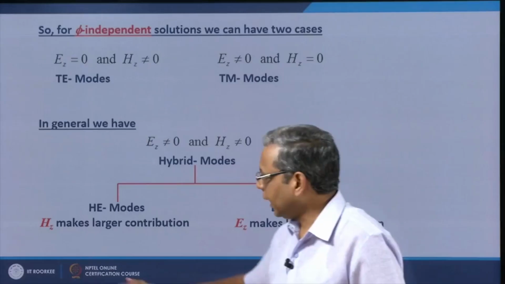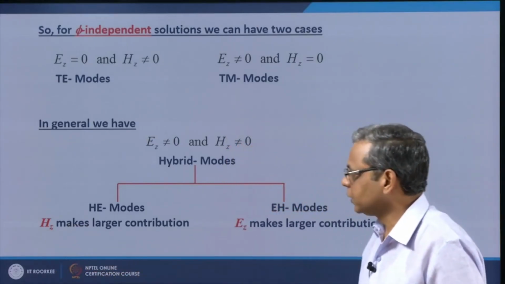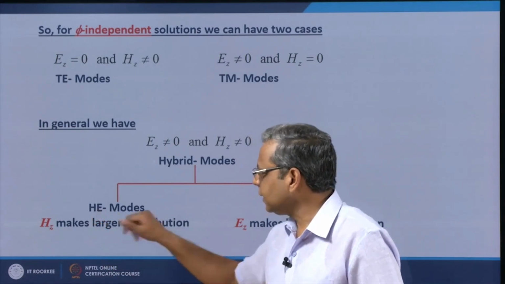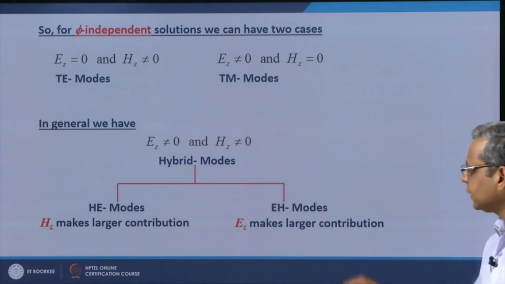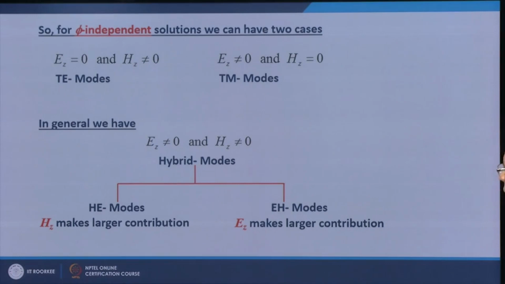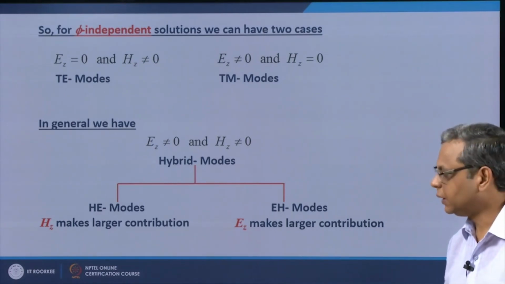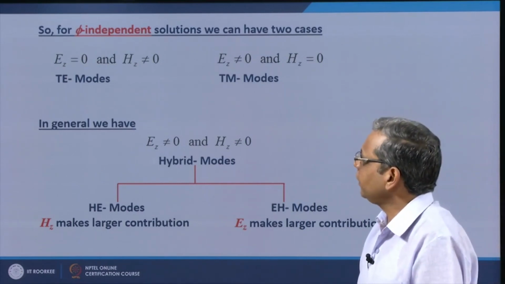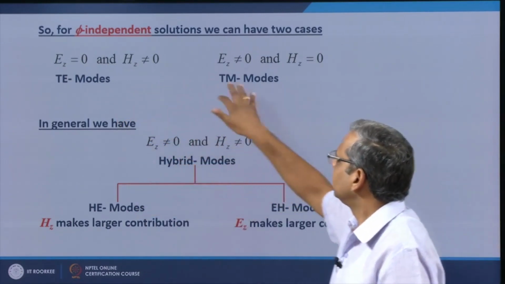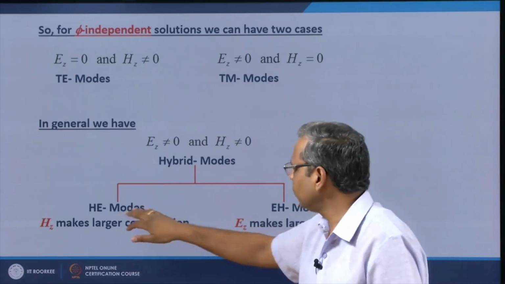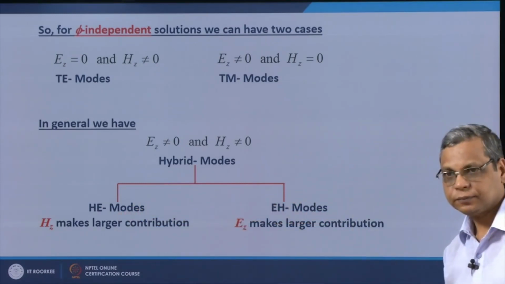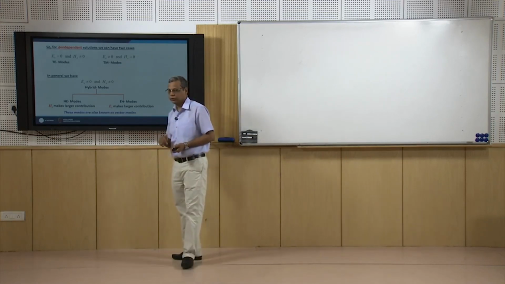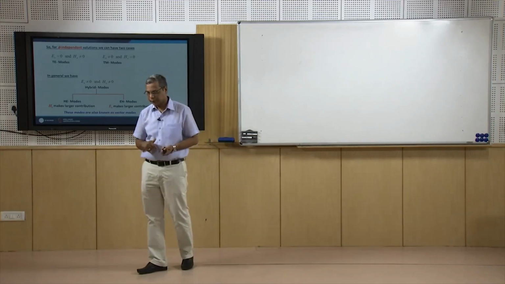One is when Hz makes a larger contribution than Ez, then we label them as HE modes, and when the Ez component makes a larger contribution than Hz, then we label them as EH modes. So, in a fiber I can have TE modes, TM modes, HE modes, EH modes, and these modes are also known as vector modes of the fiber.